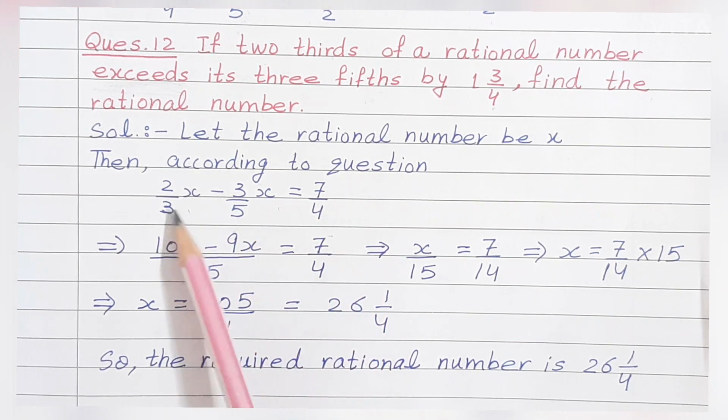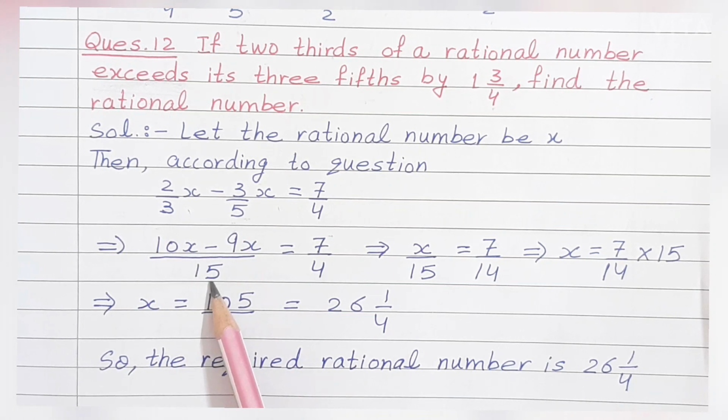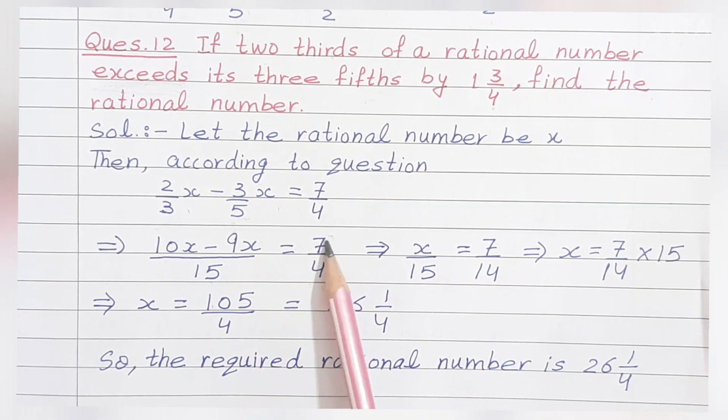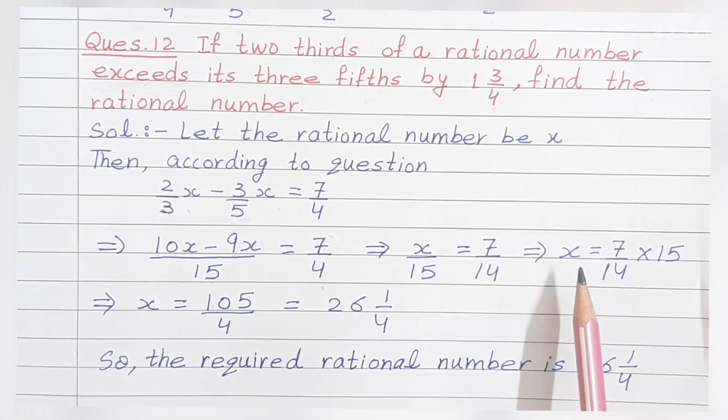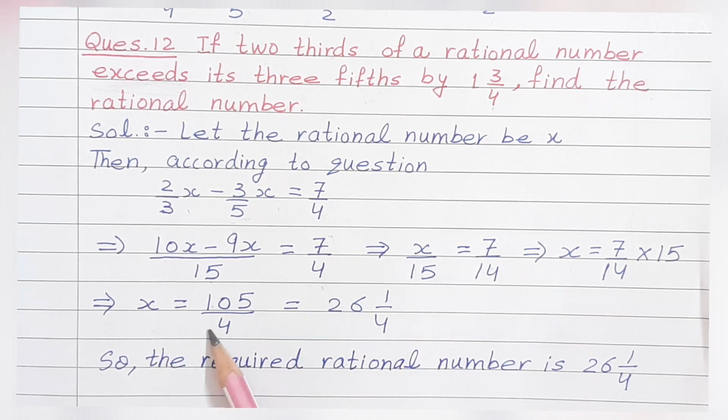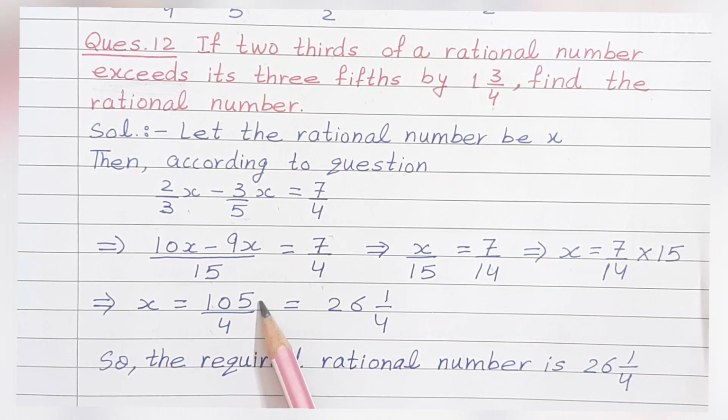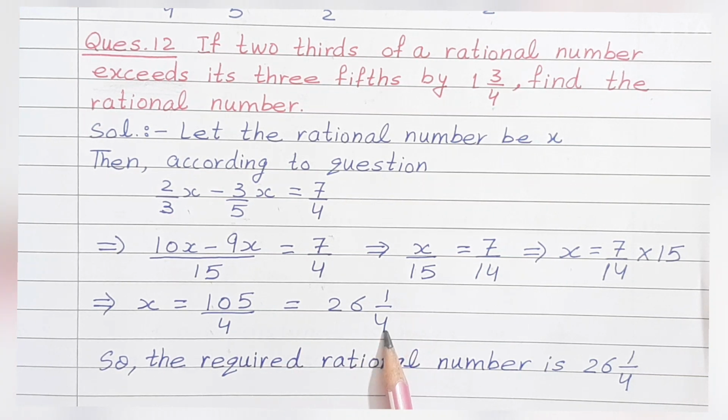So let us take the LCM of 3 and 5, that is 15. So 10x minus 9x over 15 is equal to 7/4. So this implies, after solving this, the value of x is 105/4. That is equal to 26 1/4. So the required rational number is 26 1/4.